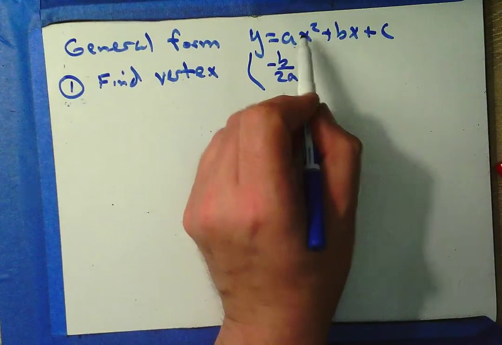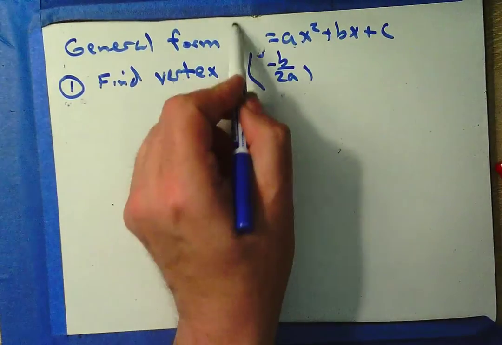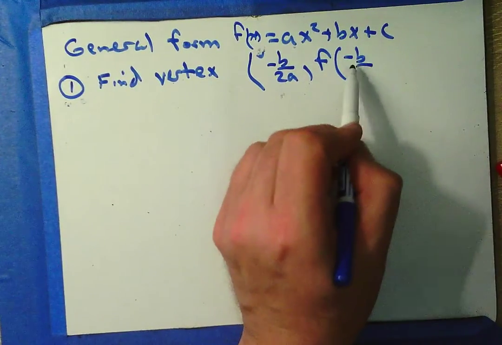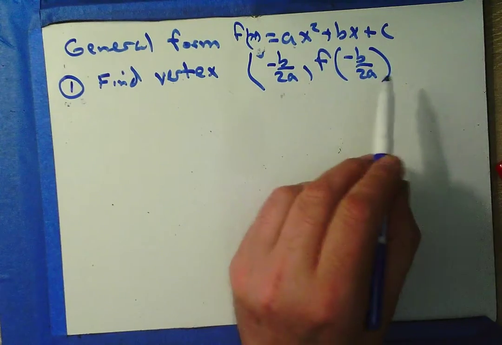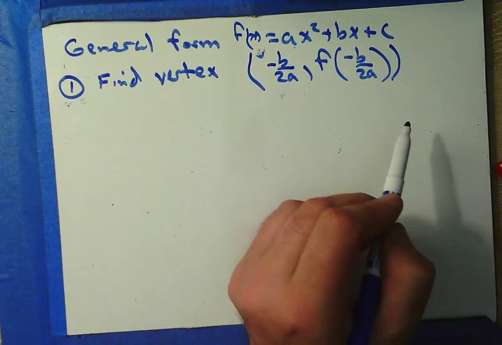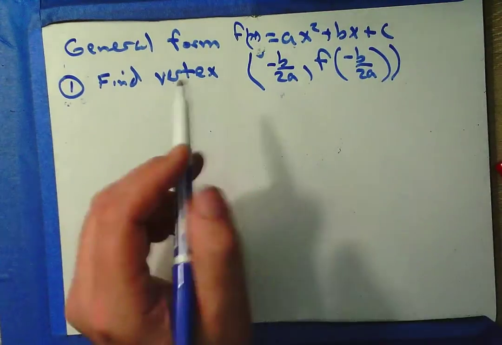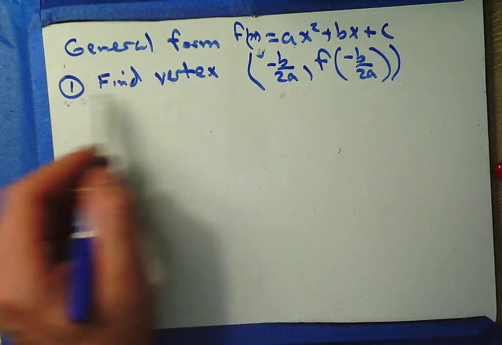Well, I have to plug this into that function. So the function evaluated at negative b over 2a. Don't get scared about this notation. I'll go through it in a minute. I'm just laying out what we're going to use. So the first thing we're going to do is find the vertex.